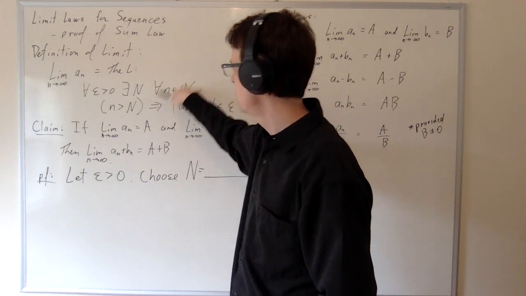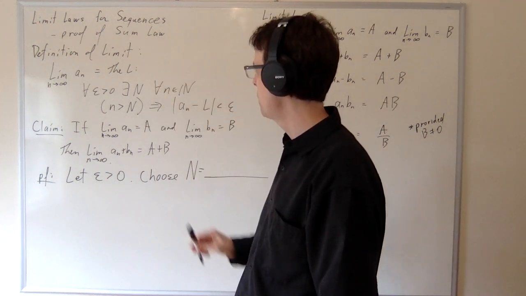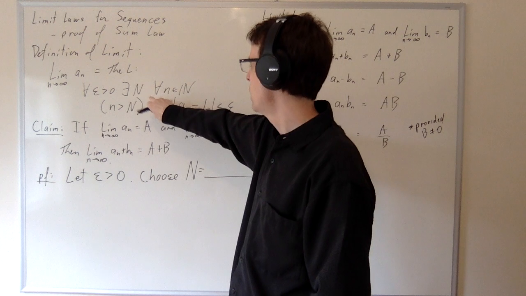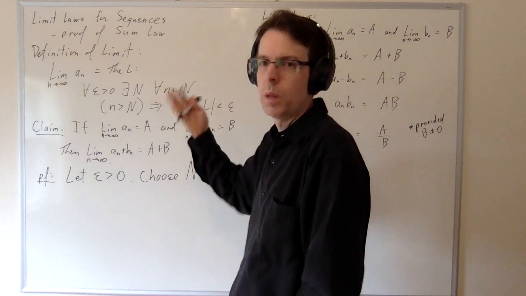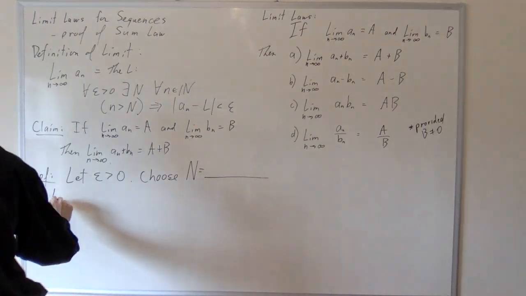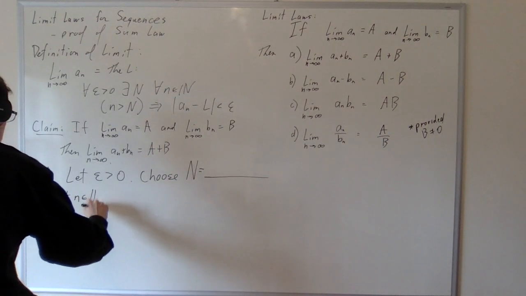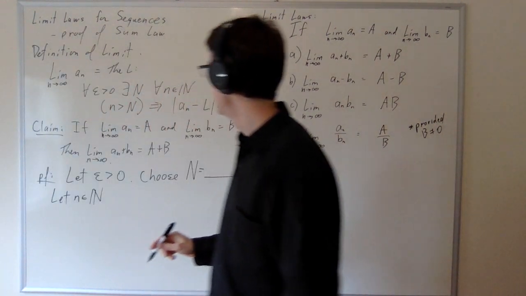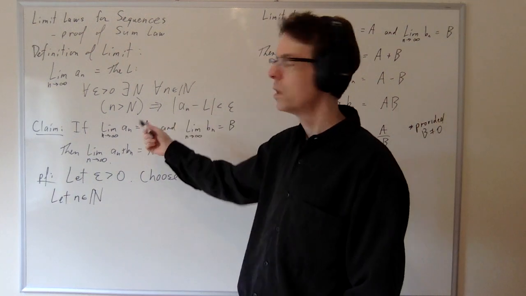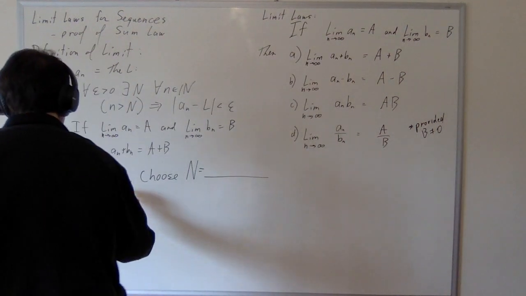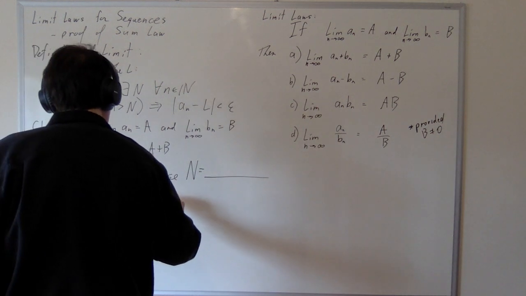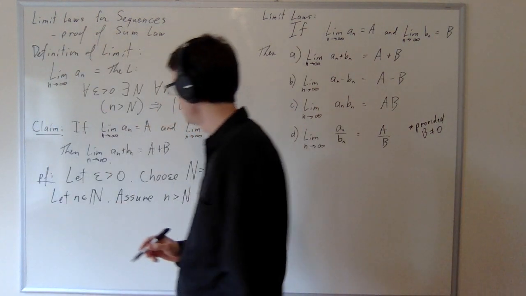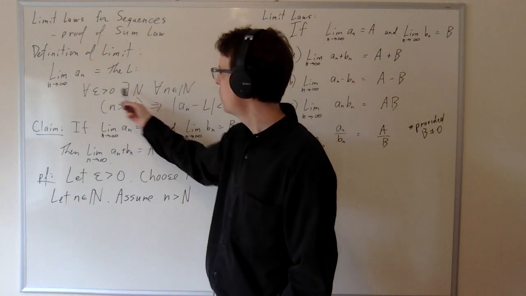I need to demonstrate that the rest of this is true for that choice of cap N. And the natural way to demonstrate that for all n something is true is to let n be an arbitrary thing. So we're going to say, let little n be a natural number. Now I'm proving an implication as before, and so I will continue by assuming the first part with the idea of proving the second part. So we're assuming that little n is greater than cap N. So here we're just following our nose.